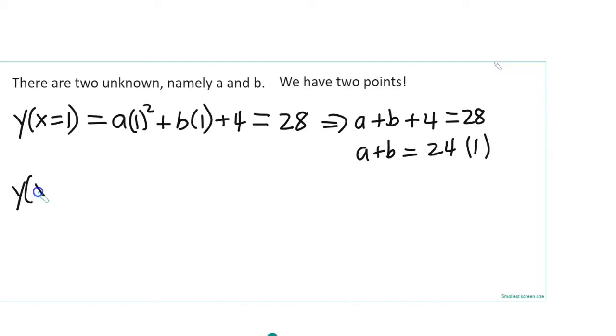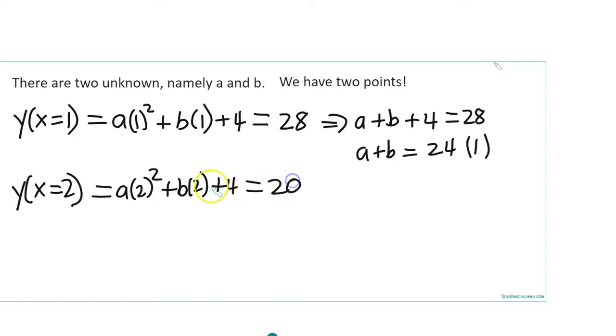That's going to be x at 2. We're going to use the same parabola, but now we plug in 2. So it's a times 2 squared plus b times 2 plus 4 equals 20. Do you follow how I'm doing this? I'm plugging into the parabola, but we already knew what the c value was, the y-intercept.